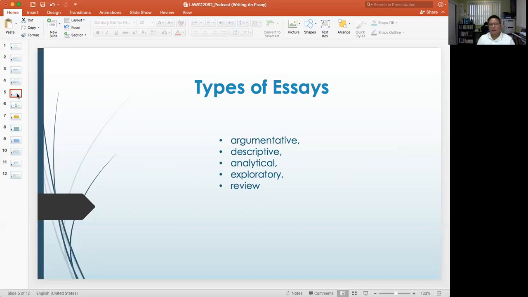It could be a descriptive piece of, for example, what family dispute resolution is all about. So it just describes what it is about. So it's about describing the features or the core ideas about family dispute resolution. It could be analytical. You're trying, for example, to analyze family dispute resolution from the viewpoint of its effectiveness.